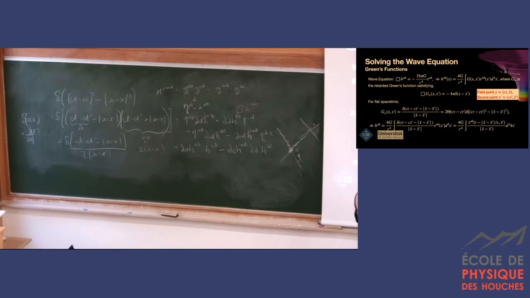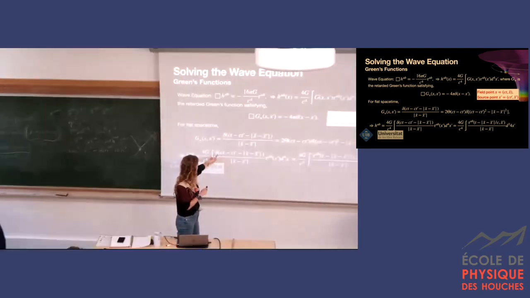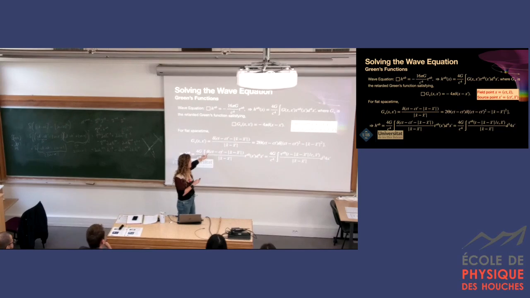This d4x is over 4-dimensional spacetime, so we'll integrate over t prime. We have a delta function with a t prime, which means my t prime will be set to t minus the magnitude of x minus x prime, over c.